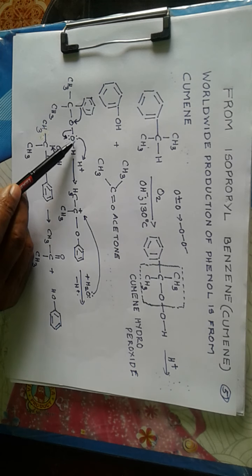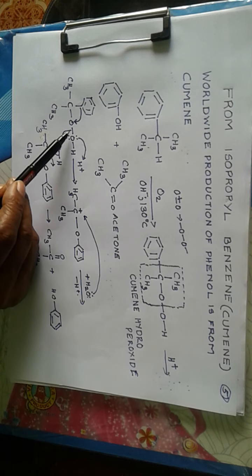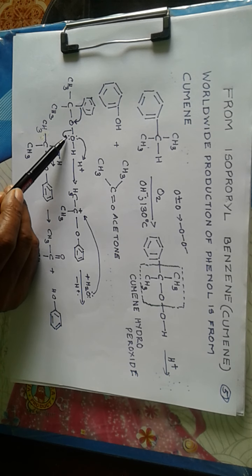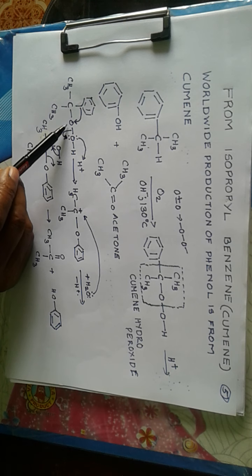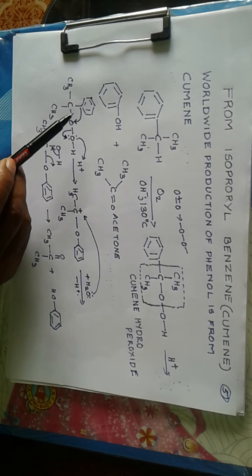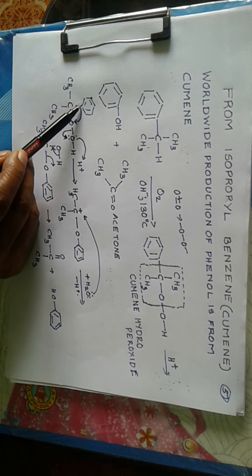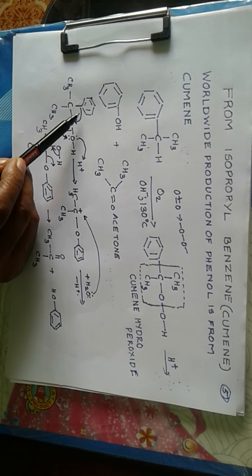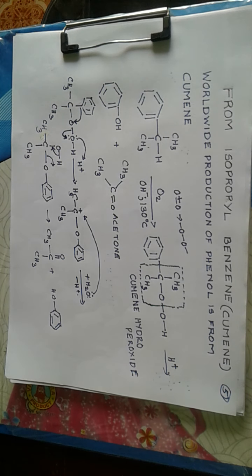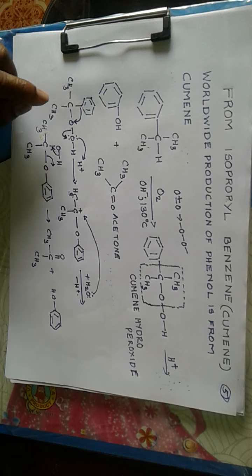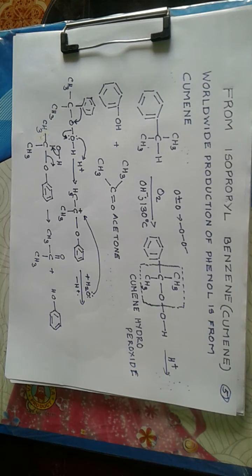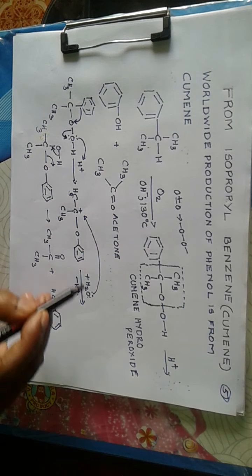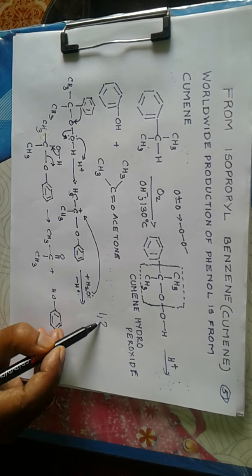Now OH2 positive is a good leaving group, so it will take up this pair of electrons towards itself, so that positive charge will be created over this oxygen. Now what happens is that the benzene ring with this bonding pair of electrons will move towards this oxygen. So it is something called a 1-2 shift.